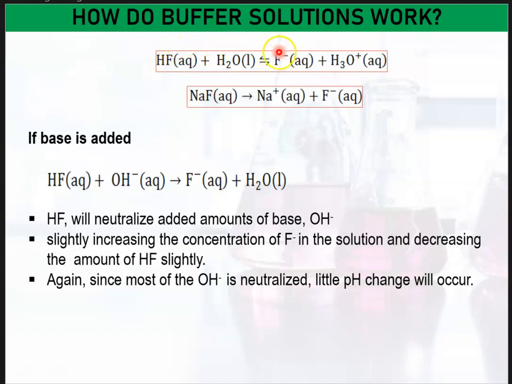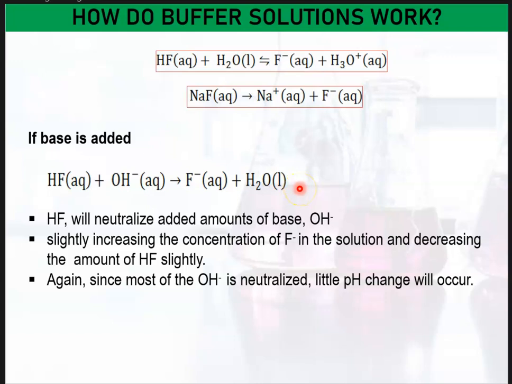So how does a buffer work? When we add base or OH minus, OH minus will react with an acid because OH minus is a base. We get the fluoride ion plus water.